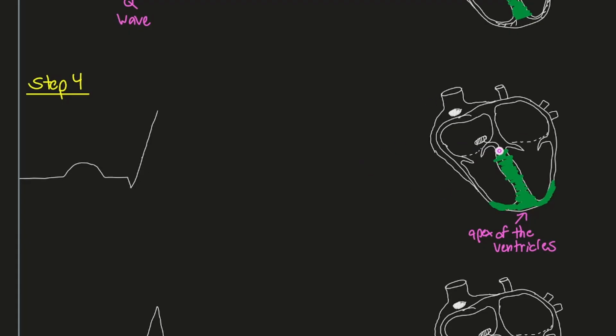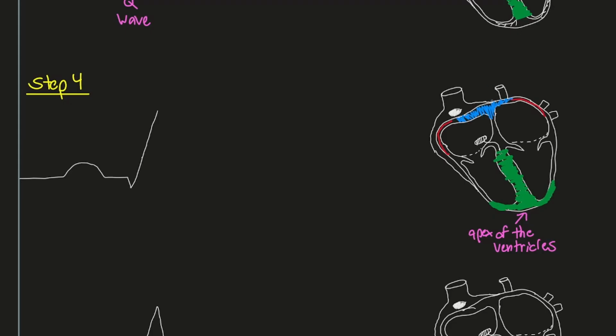But here in step 4 is where it becomes more apparent that our atria relax. So it goes back to normal here. There's no more contraction here, which now we'll label with a new thing in blue. During this step 4, the new thing that happens is a repolarization event, and that occurs in the atria.